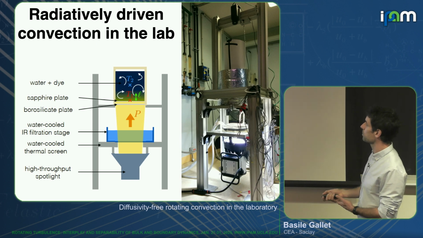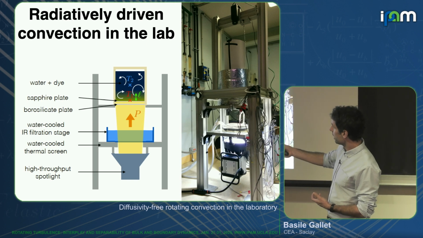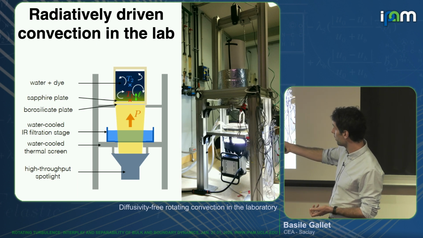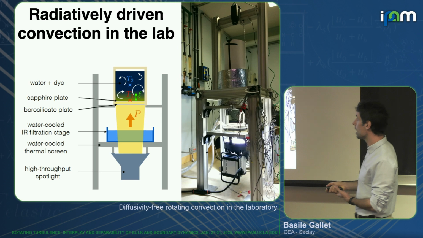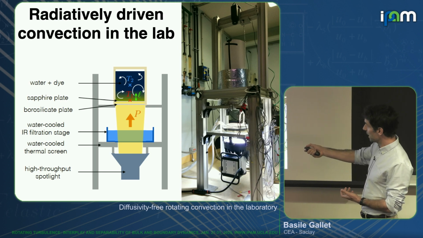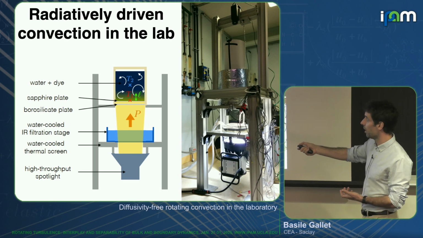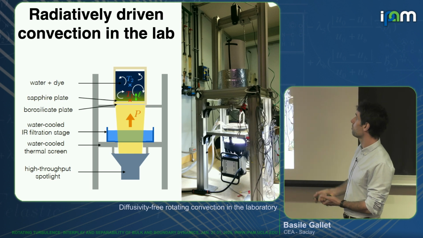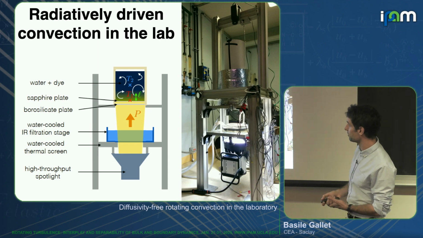Inside the tank, there's a mixture of water and dye. The dye is going to absorb the light, and that's going to heat up the fluid. What's interesting is that depending on the concentration of the dye, you can tune the thickness L over which the light will be absorbed and the internal heating will take place.